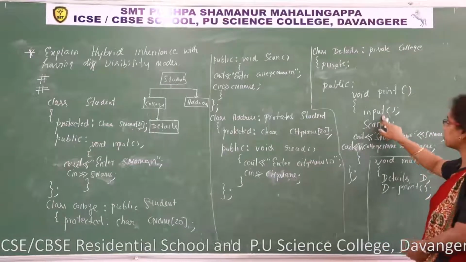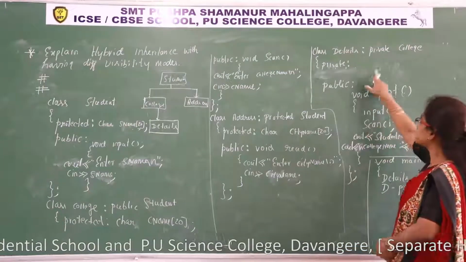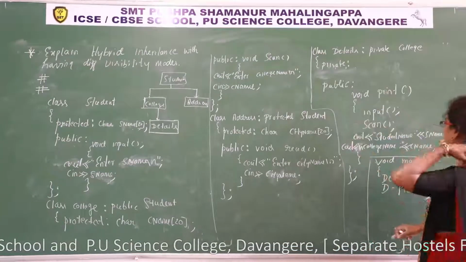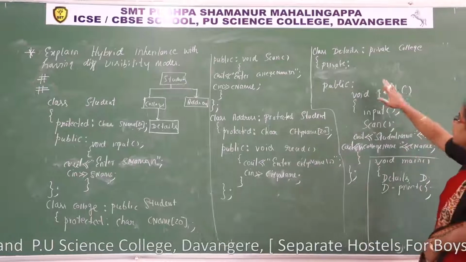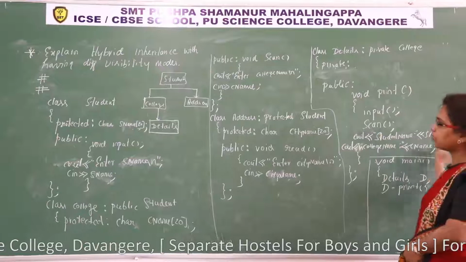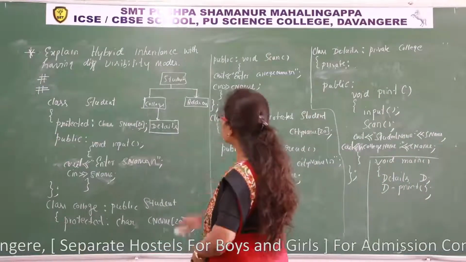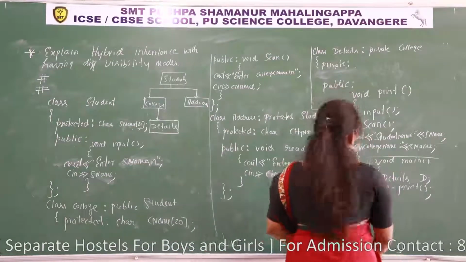How can we call these functions? Input function is there in the private section and scan function is also there in the private section of the derived class, so I can call them. And the private members are accessed through the member function, so it will be displayed. Now I have to display the address. Address belongs to the address class, so I have to create an object for class address.